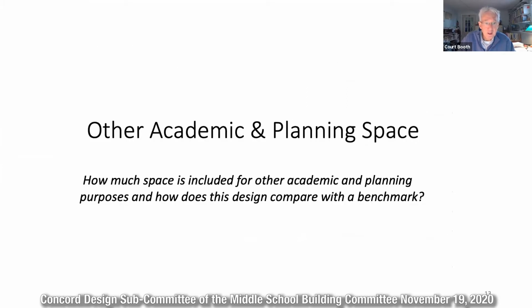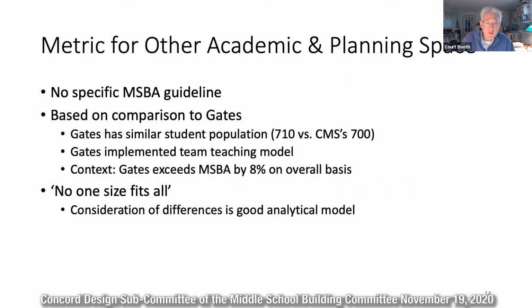This one got interesting for us when we looked at the other spaces, because here it got much more difficult for us to look at other schools because they didn't name things exactly the way we did, and didn't use things the way we did. Gates is a notable example where their media center really overlaps with what we consider to be our common rooms here. We don't have an MSBA guideline, if indeed we wanted one.